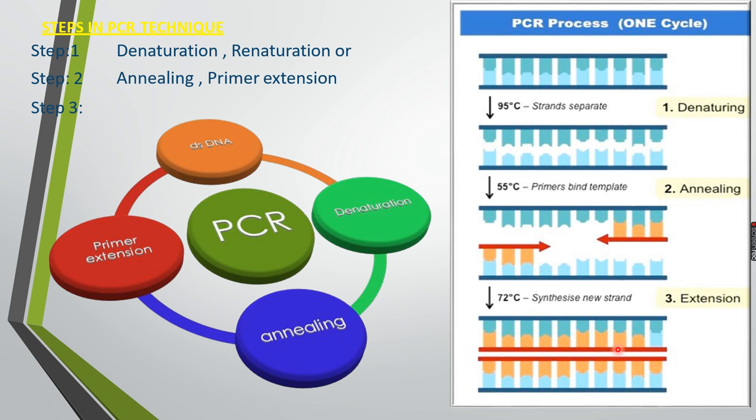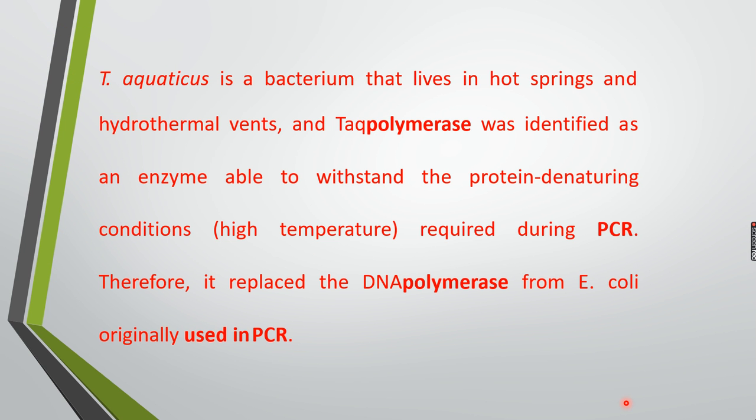So on both sides, you can see the DNA primers extend and form double stranded DNA. So from one double stranded DNA, by means of 3 steps: denaturation, annealing, extension, 2 double stranded DNA are formed. Like this, many copies of the desired DNA can be formed.